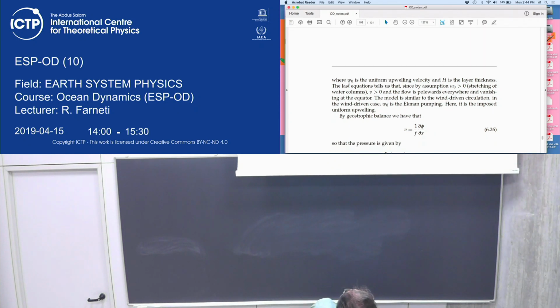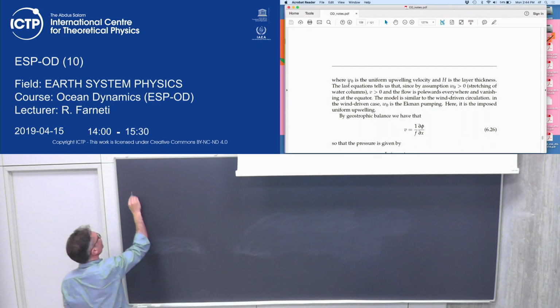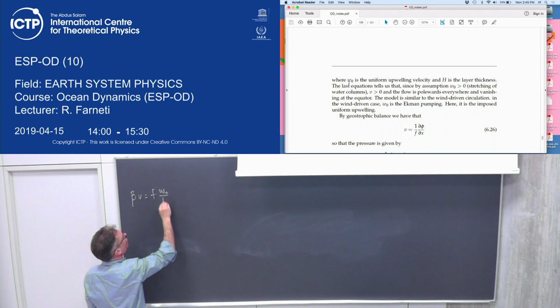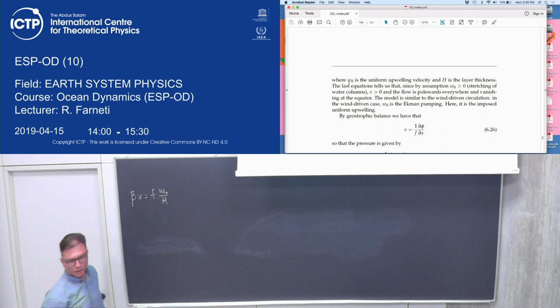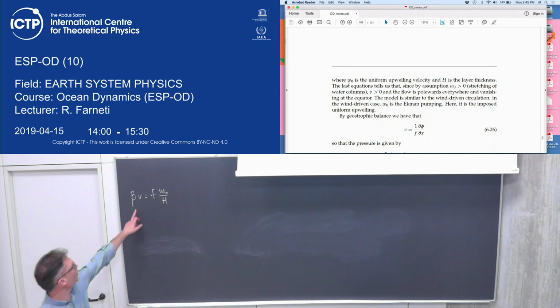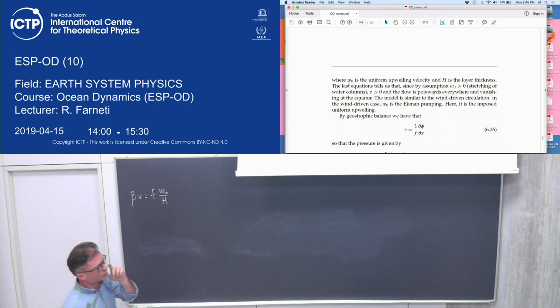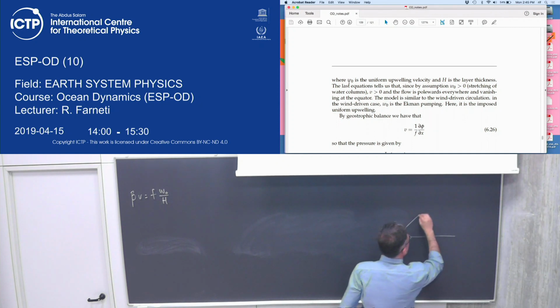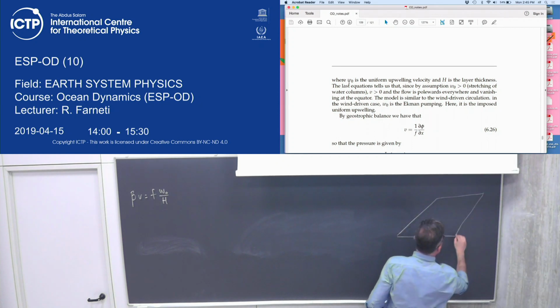Okay, so if the vertical velocity is positive because it's bringing mass up to the upper layer, then it means that v, the meridional velocity, is also positive. So now I will try to build slowly the solution here.